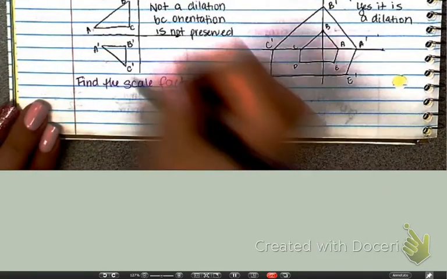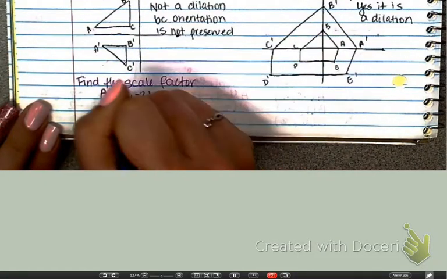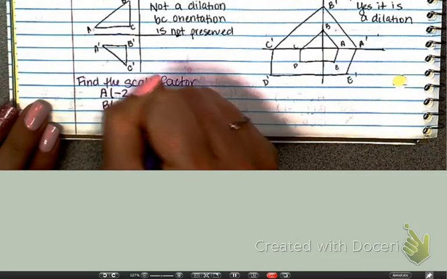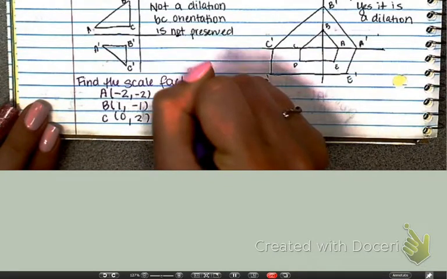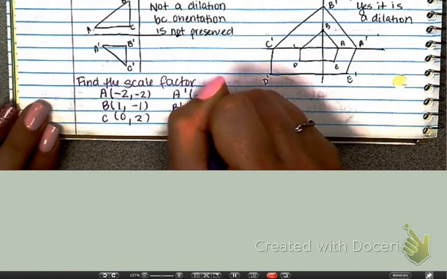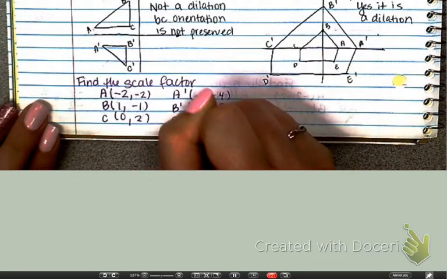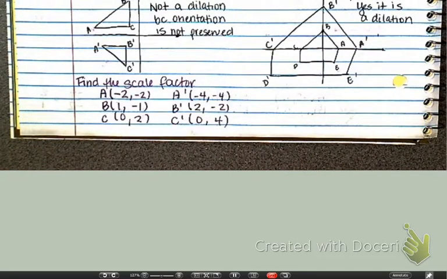I'm going to give you your two figures, and I'm just going to give you the coordinates of those two figures. And above we learned that scale factor was a ratio, so we're going to write a ratio.